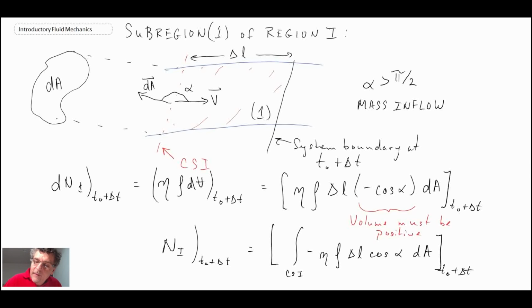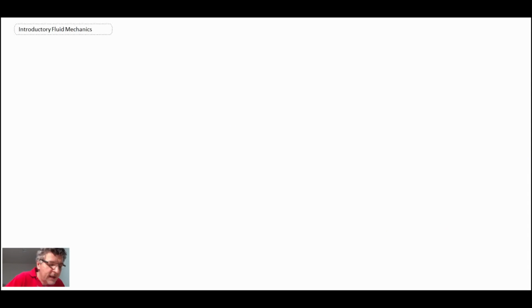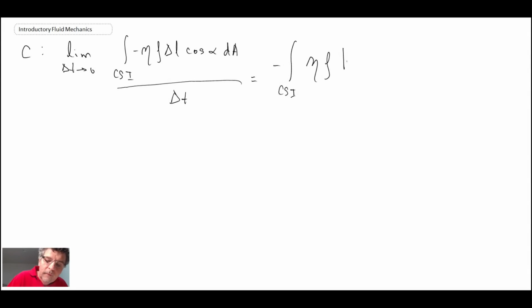We get that, but remember we're after the time rate of change of that, which is what C was, so let's re-express that. Okay, so there we have an expression for C. The last thing I'm going to do here, and notice that we have magnitude of velocity V and dA and cos alpha. Well, if you remember back from looking at mathematical operations, this is just the dot product.